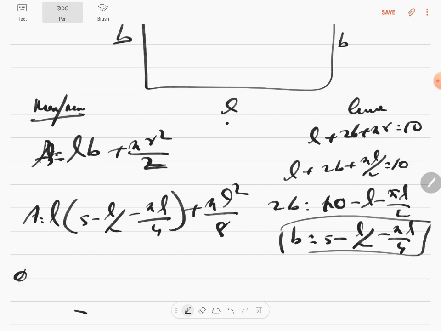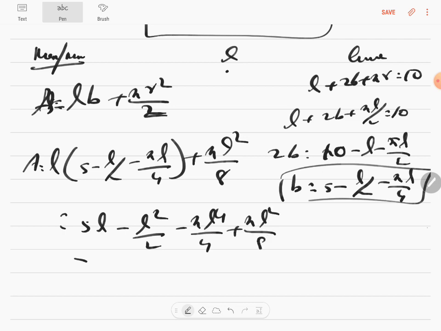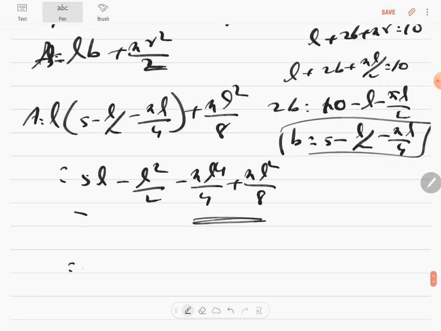So now it's dA by dL, after you multiply it in. It's 5L minus L square by 2 minus pi L square by 4 plus pi L square by 8. Can you see this is solvable? 5L minus L square by 2, when you take an LCM, it will become minus pi L square by 8.